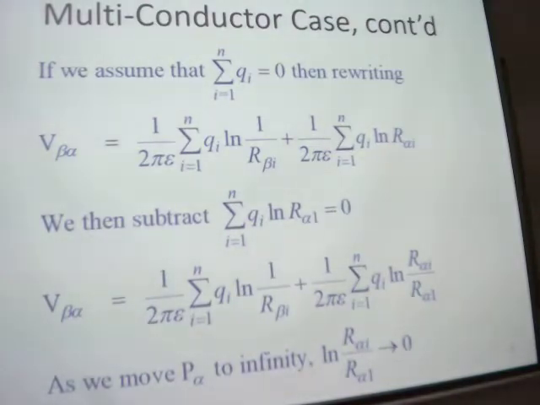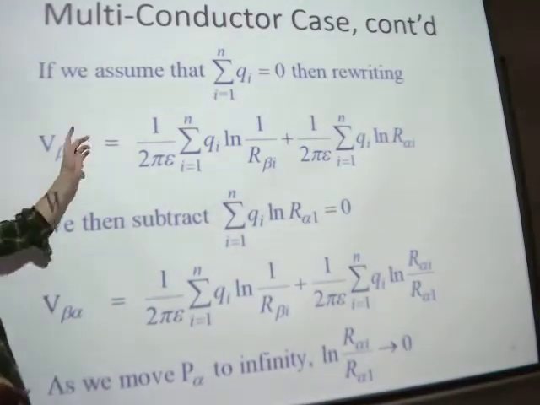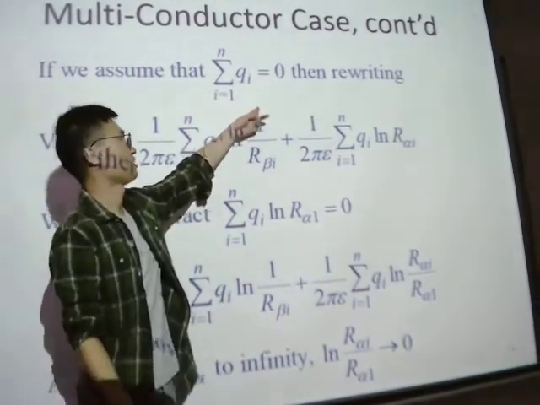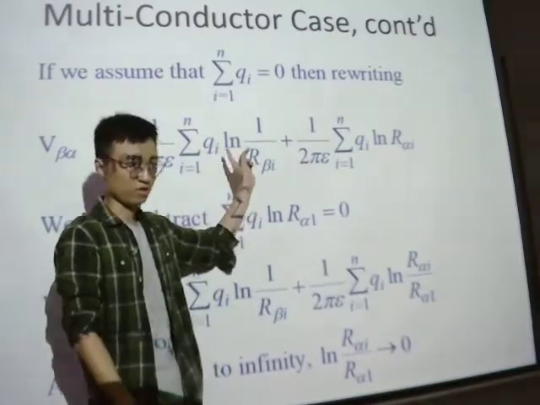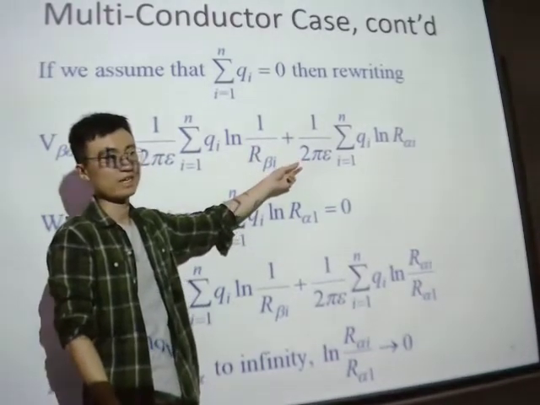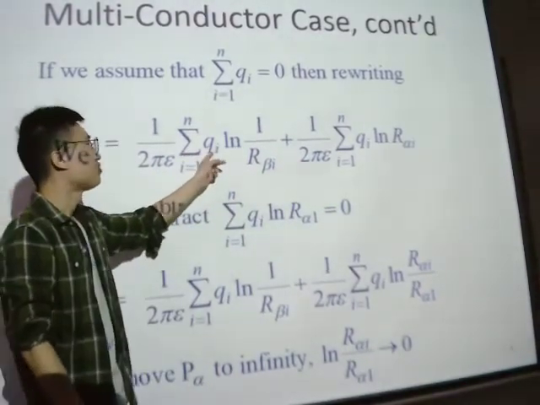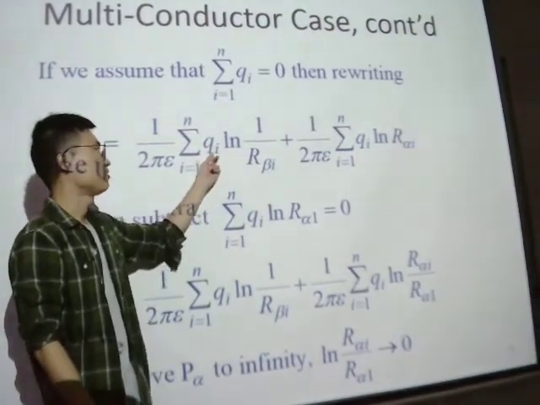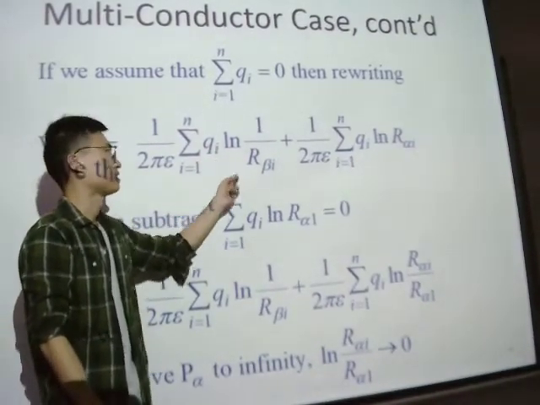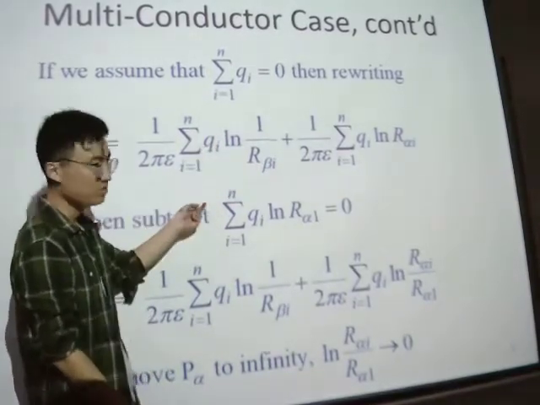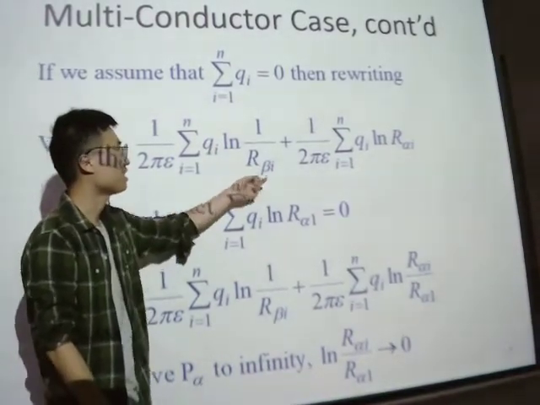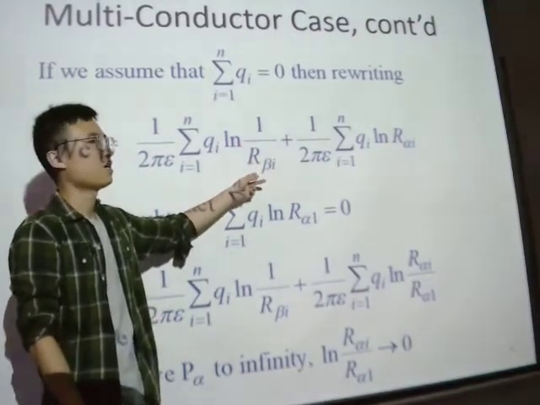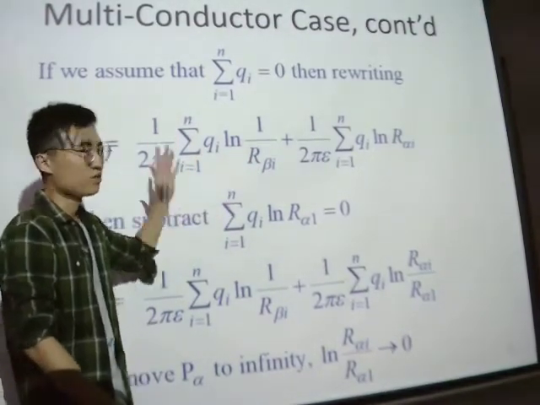So although the sum of the electric charge is equal to 0, these two will not equal 0, because Q1 is multiplied by one value and Q2 by another value, and 1 divided by the uppercase R, the distance here, is not the same.